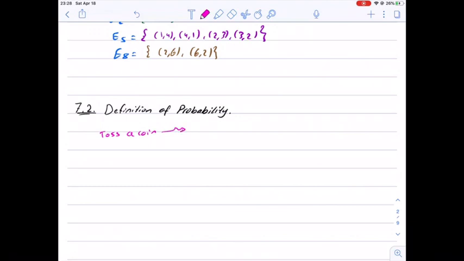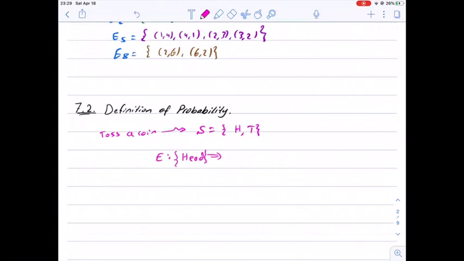If you remember, when we toss a coin and look for the possible outcomes, the sample space consists of head and tail, and if the event E denotes the head, then what is the possibility or the probability of having head on the uppermost side?